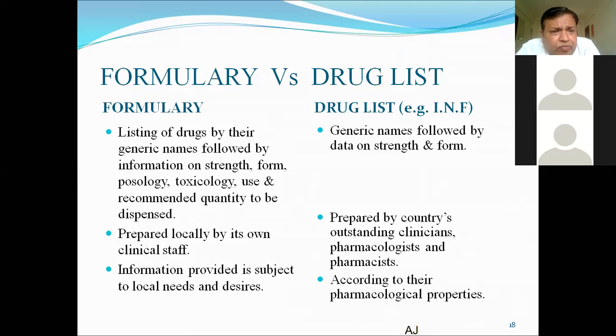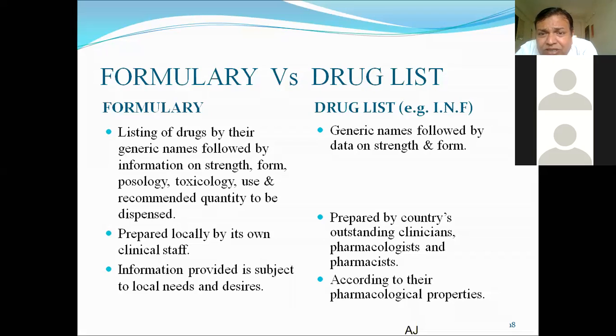Now, what is a formulary? Difference between formulary and drug list. You can see here, there is a separate table. Formulary is a listing of drugs by their generic name followed by information on strength, form, posology, toxicology, uses and recommended quantity to dispense.